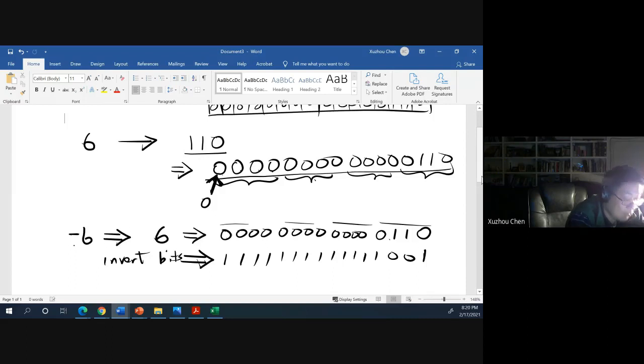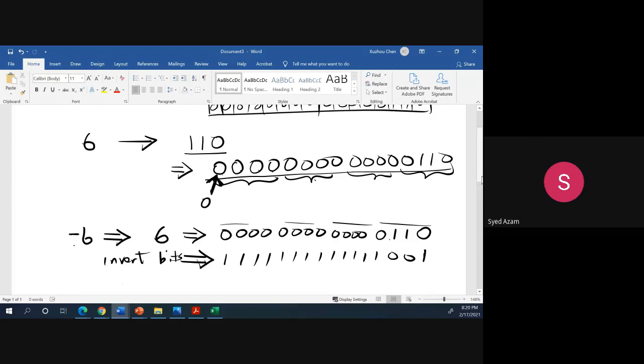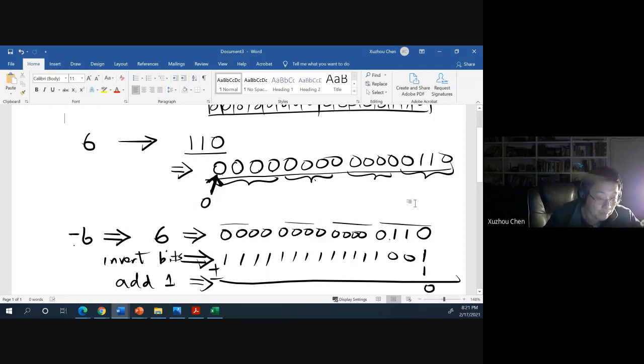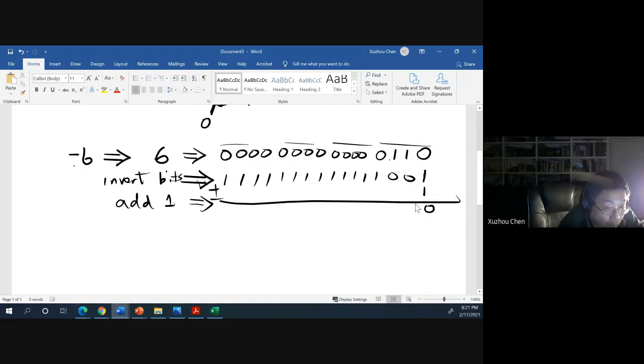And then what's the next step? Add 1. So you're going to add a 1. 1 plus 1 is 0, carry 1 to the next position. And this 1 plus 0 is 1, right? 0, 1, 1, 1, 1, 1, 1, 1.